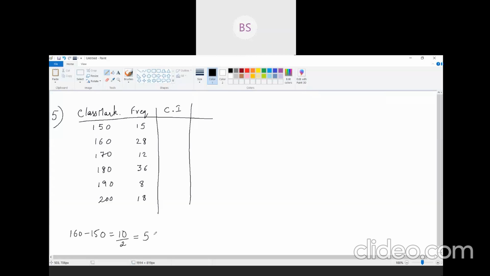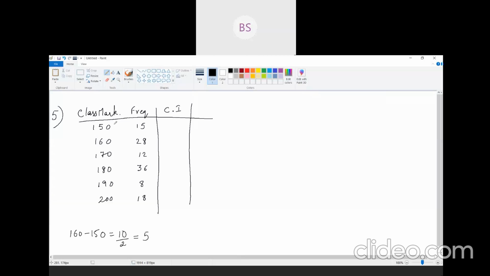So difference divided by 2, value is 5. Now as we did to find out continuous class intervals, similarly to find out class intervals we have to add 5 and subtract 5. Now since the class mark is 150, to find out the lower limit we have to subtract 5, and to find out the upper limit we have to add 5.